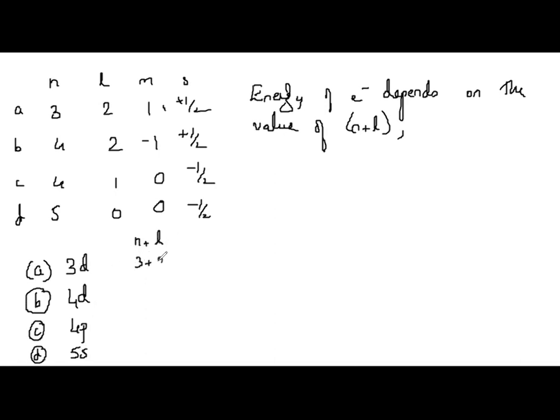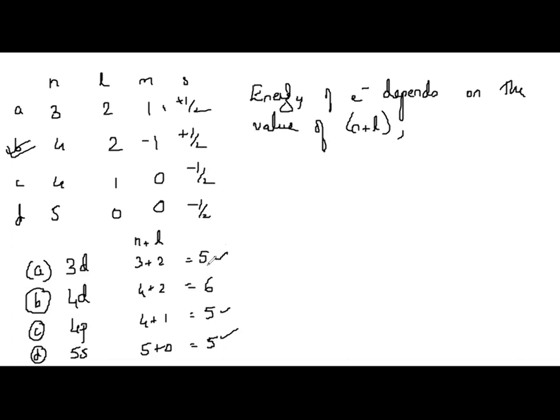So 3 plus 2 is 5, 4 plus 2 is 6, 4 plus 1 is 5, and 5 plus 0 is 5. Correct? Yes or no? Okay. So where is energy highest? All of them have 5, and this one has 6. Therefore option B, energy is highest.